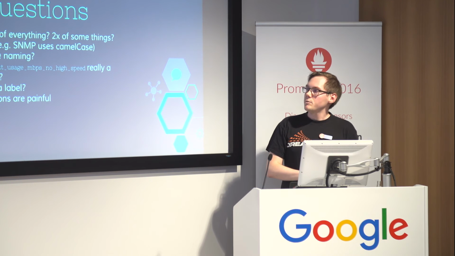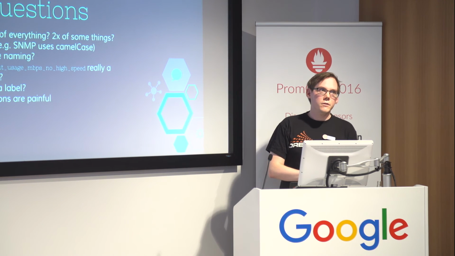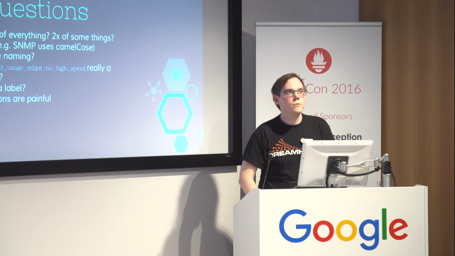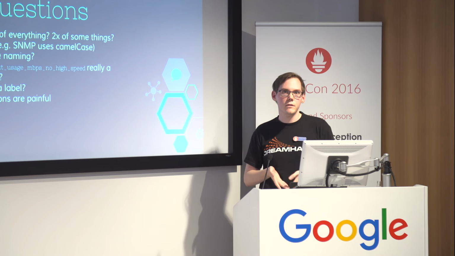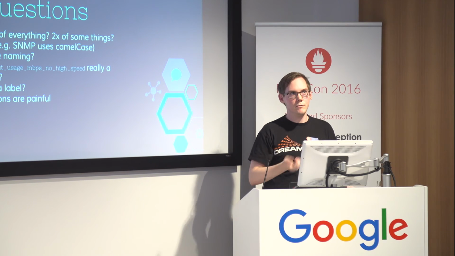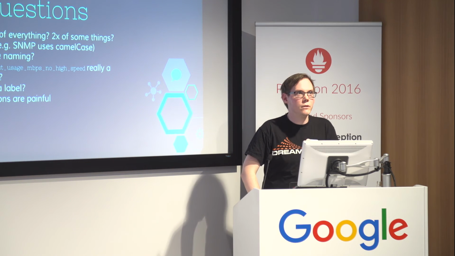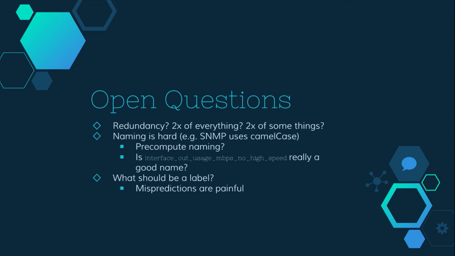Other questions we're trying to figure out how to do in a DreamHack way is redundancy. Do we just put 2x of everything? Can we put 2x of some things? Naming, we had a discussion internally on how to name our pre-computes. Is this super long name really the best name we can have for this thing that has all the interfaces but not the high-speed ones?